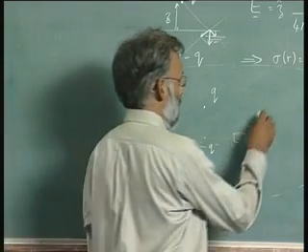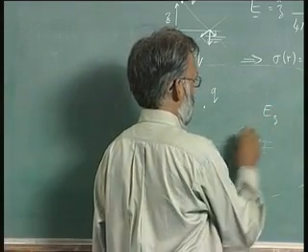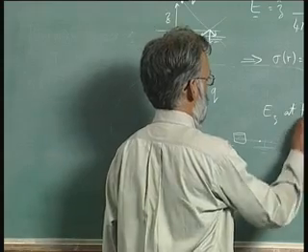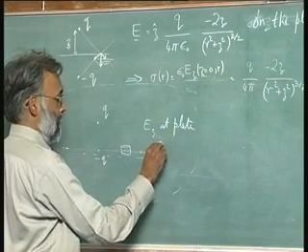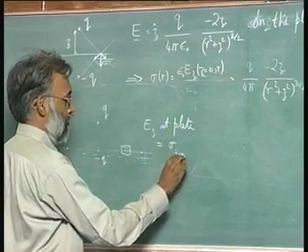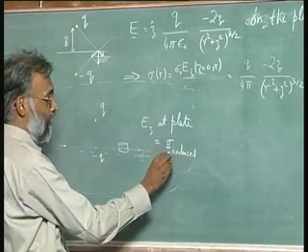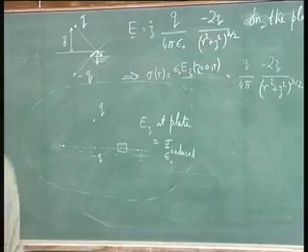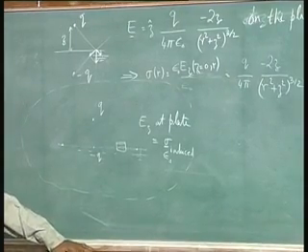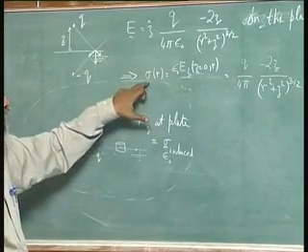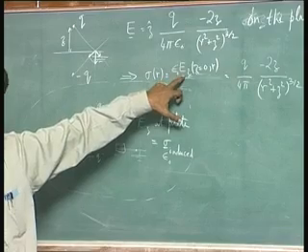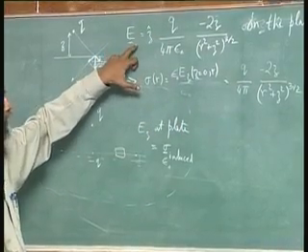So I know already that Ez at the plate is equal to sigma induced divided by epsilon 0. So sigma can be solved for, and sigma is nothing but epsilon 0 Ez. But I already know Ez.